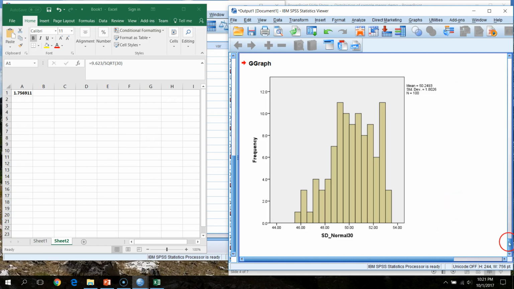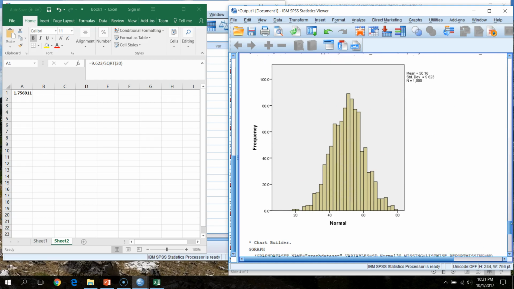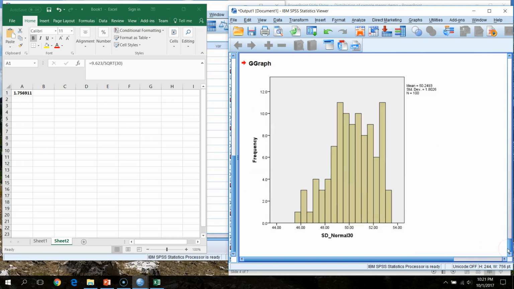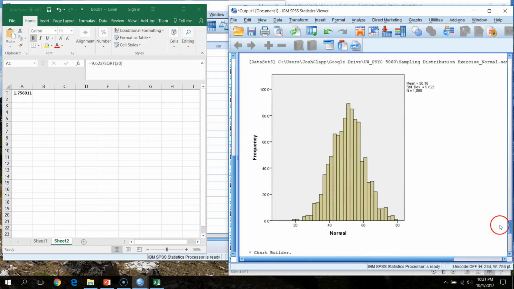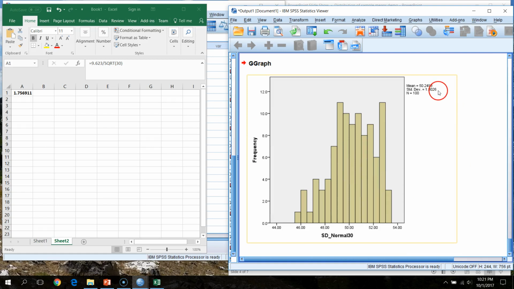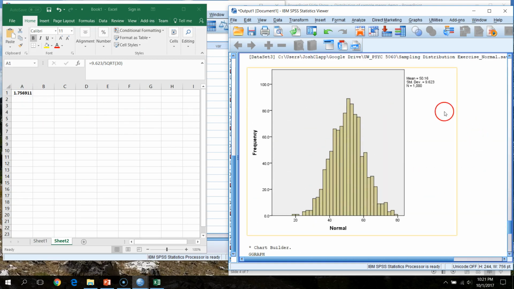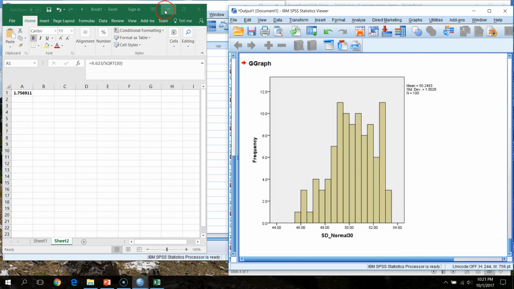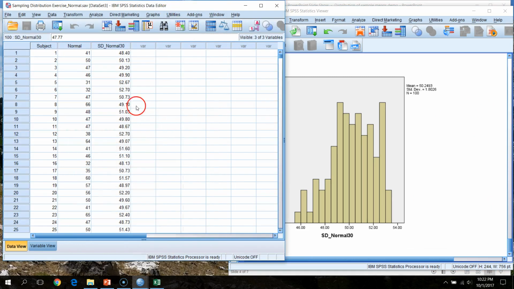But still, even with this very simple set, we can see that the expected value of our mean, or the mean of our distribution of sample means, is nearly identical to our actual population mean, and the standard error is almost exactly what we would expect given a population standard deviation of 9.62.